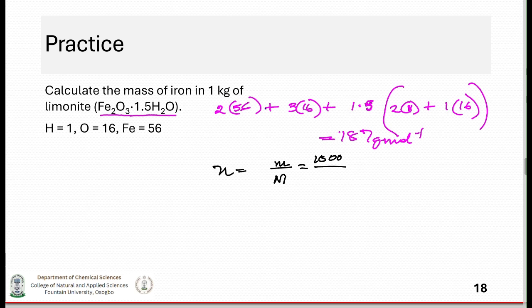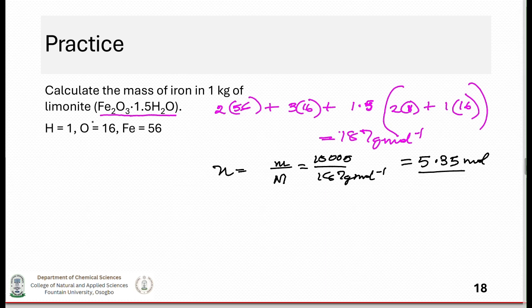Remember, 1 kilogram, you have to convert it to grams. 1000 grams divided by 187 grams per mole, and eventually we are going to get 5.35 moles. So that is the number of moles of limonite. Okay, that's the calculated mole.